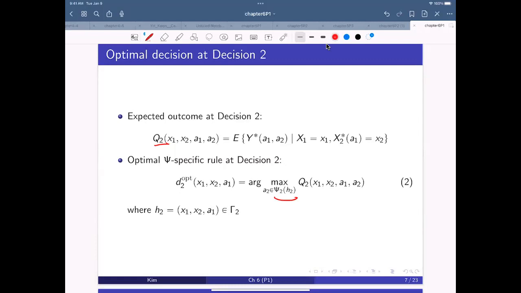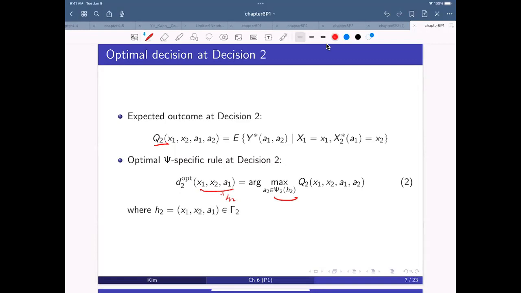This one is actually H2. As a function of H2, I know the feasible sets, and among these feasible sets, I choose the one that maximizes this Q2. This is complicated, because your space actually changes when your argument changes.